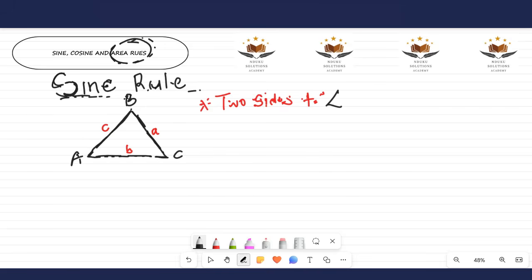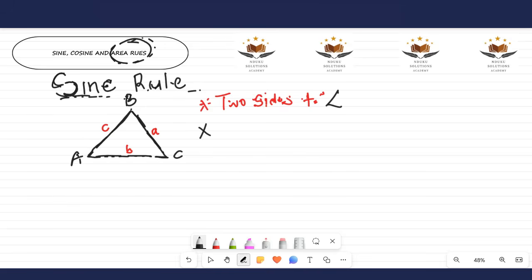But let's talk about that angle. That angle is not an included angle. So it's an angle that is not between the given sides, or else you must be given two angles and a side.